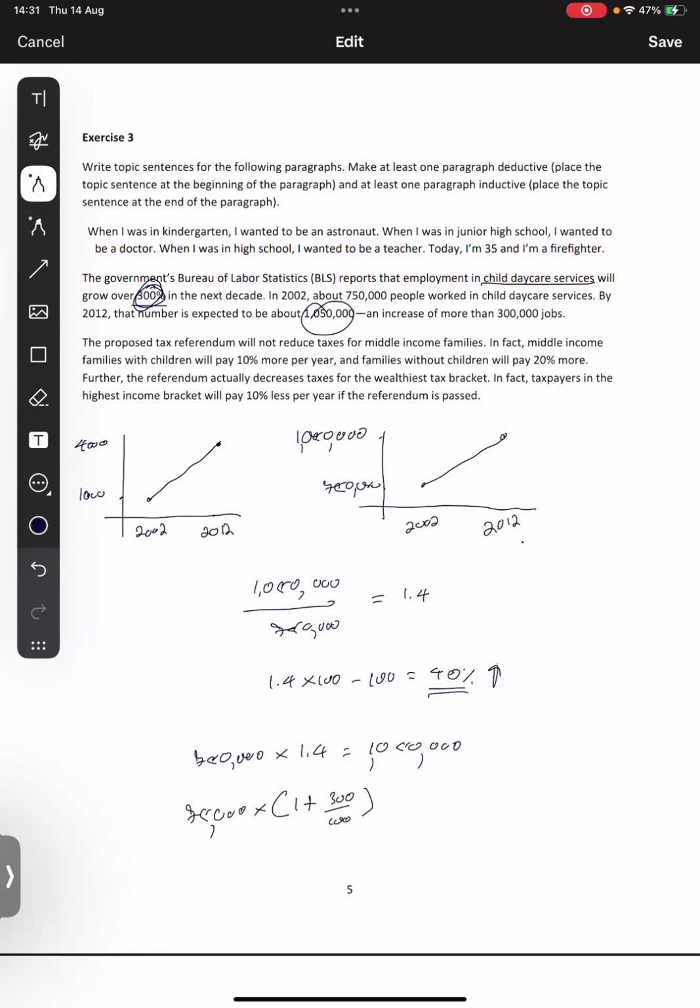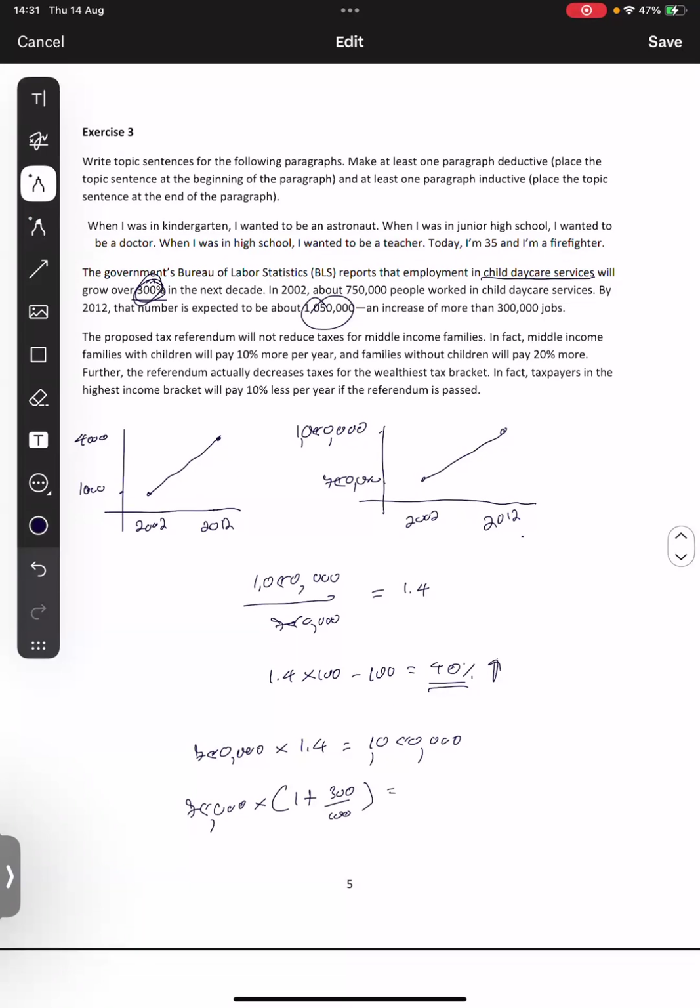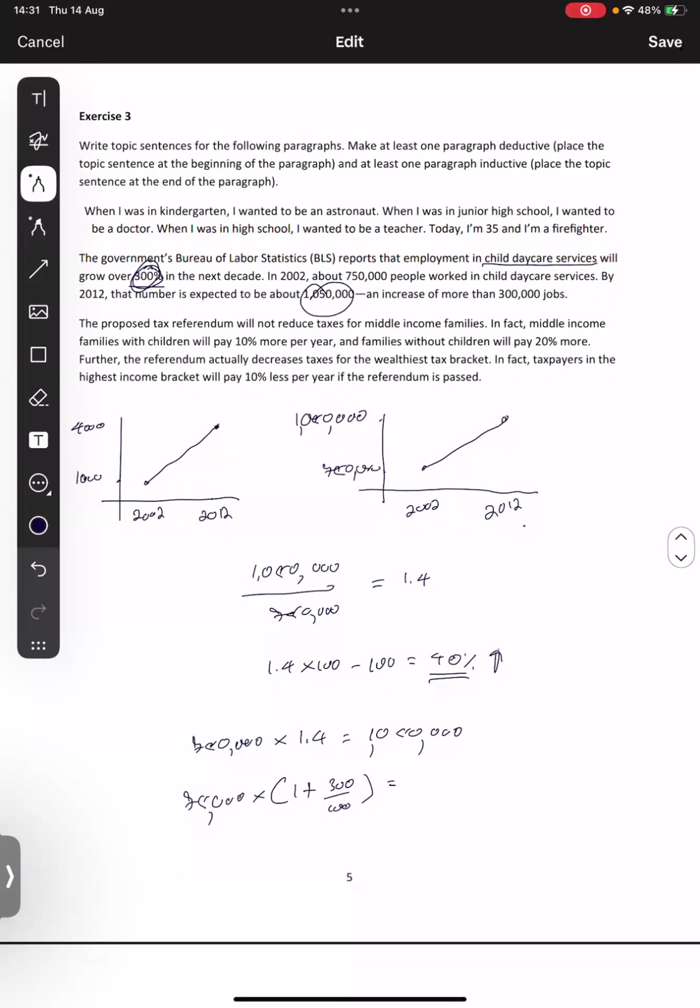So that would be 4 times 750,000. I forgot one more zero. So 750,000 times 4. That would be 3 million. Yeah, if it increases by 300%, then the final value would be 3 million.